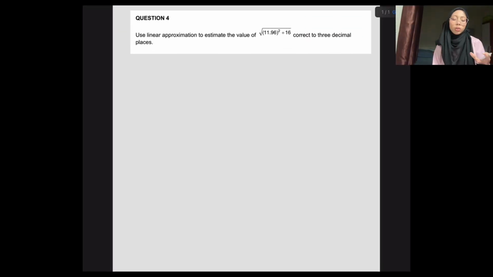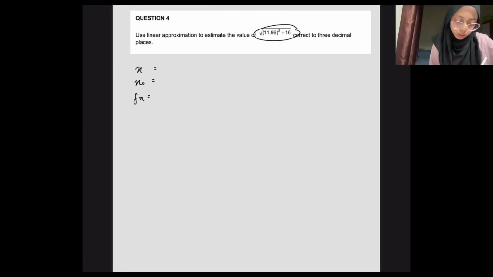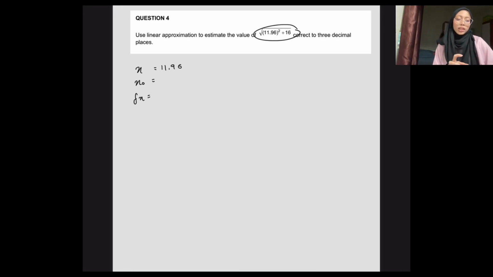Okay, so right now we are going to solve question number 4. We need to use linear approximation to estimate the value of this equation. So first of all, we need to know the value of x, x naught, and delta x. As for the x, we can find it from the equation that was given. So from this one, we can know that x is equal to 11.96. And as for the x naught, to find it, we need to see the closest number to x.